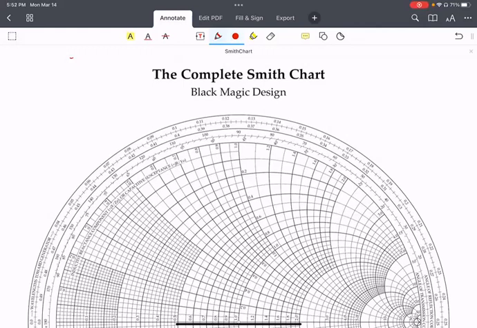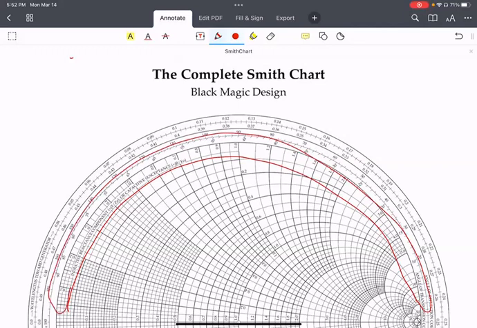Okay, and where am I looking for this number? There are so many numbers on here. I really want to look at these numbers along the outer edge. There are other places where the numbers are as well, for instance down here, but that's good. So I want to look for the 1.